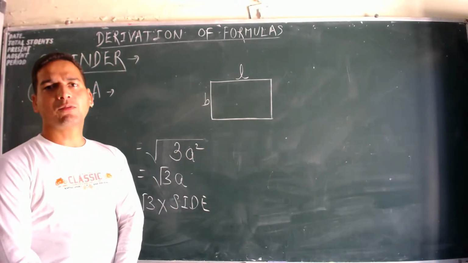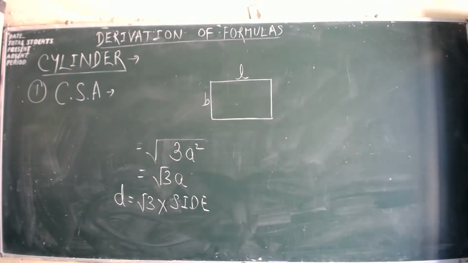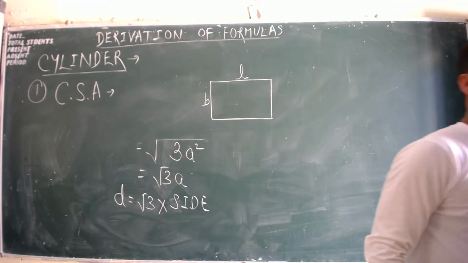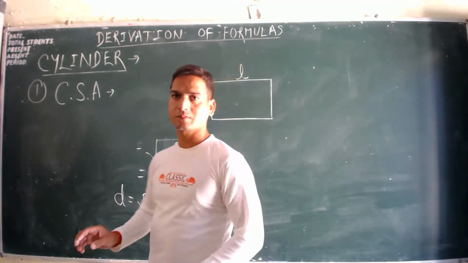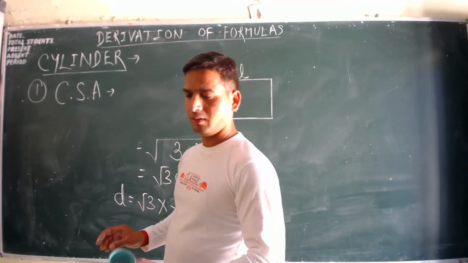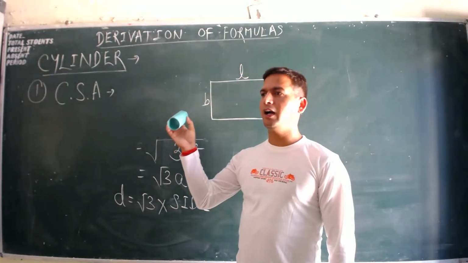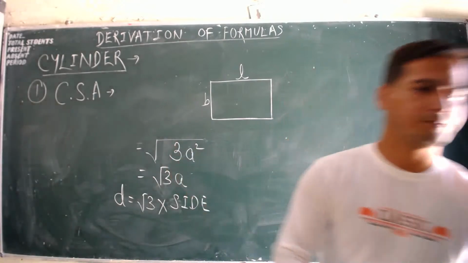A hollow cylinder can be formed with the help of a rectangle. This is an example of a cylinder, and this is a hollow cylinder.